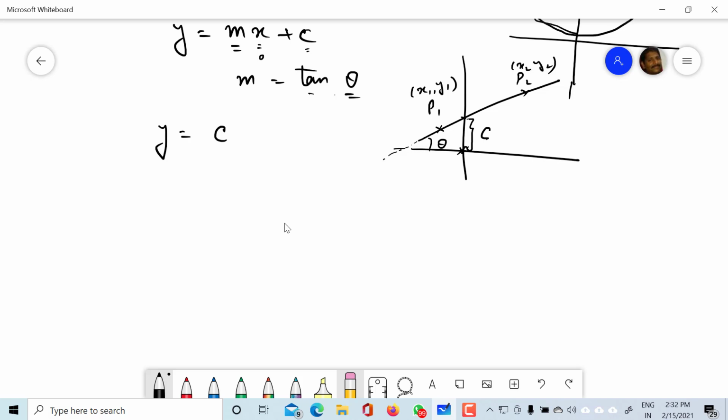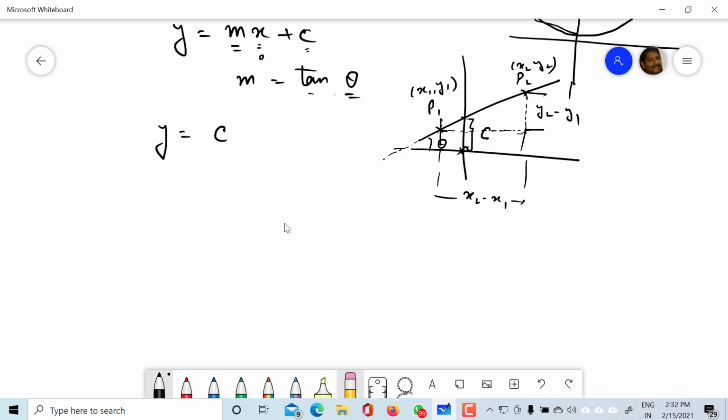Okay, and you don't know the angle theta, then in that case we can easily calculate the value of theta. How? So y2 minus y1 upon x2 minus x1. Very good. So this distance is y2 minus y1 and this distance is x2 minus x1.